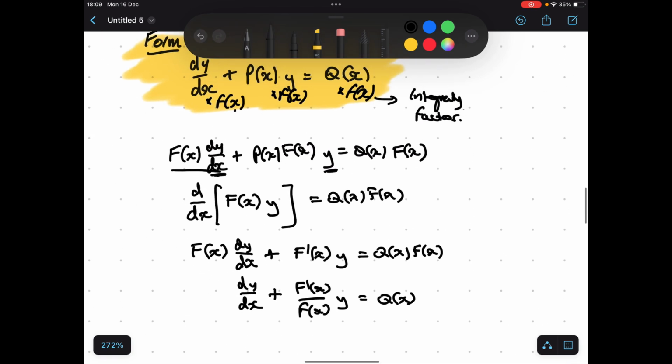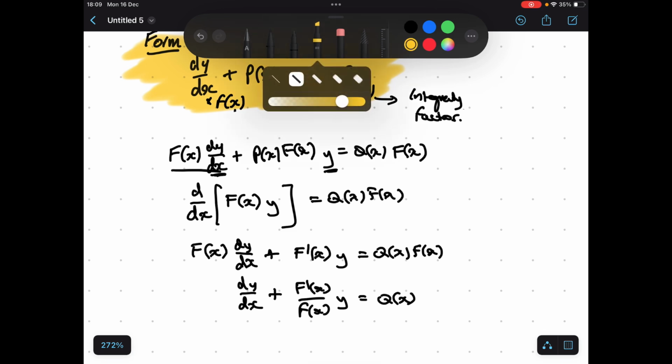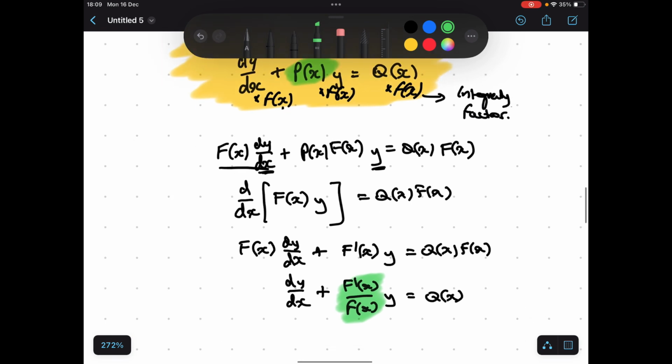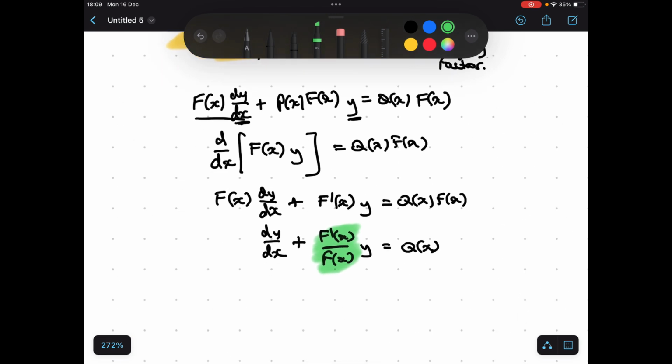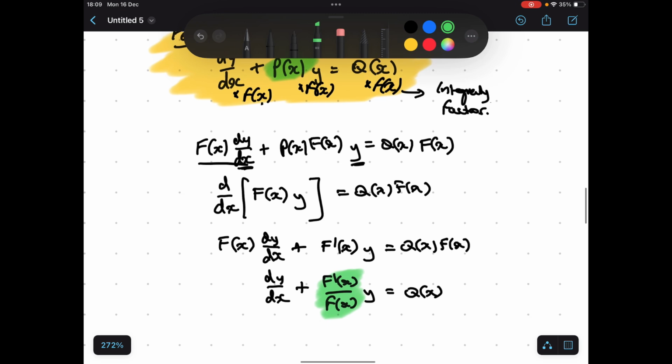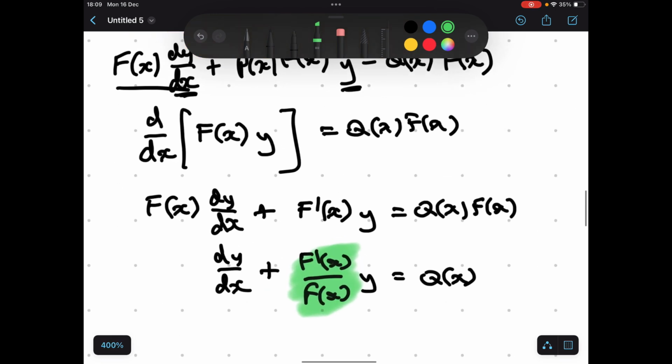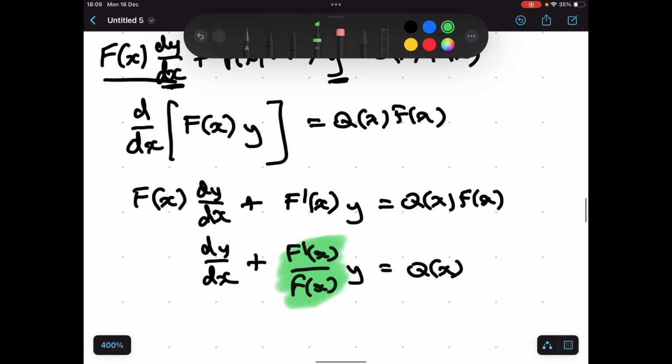What you might notice is that if I highlight this maybe green, this p of x part here is exactly the same as this part here, because we have the exact same form. We got q of x, and then we got nothing next to the dy over dx. So this f prime of x over f of x should be p of x, okay? And that's how we set it up, right? We want it to be in this sort of form, okay?